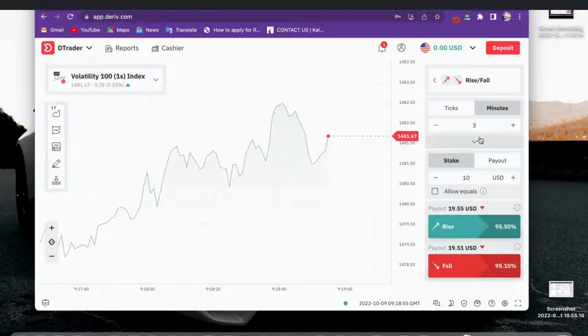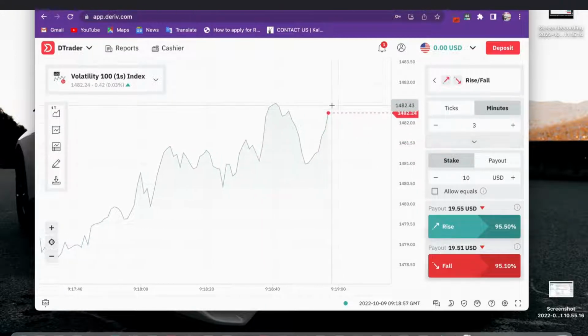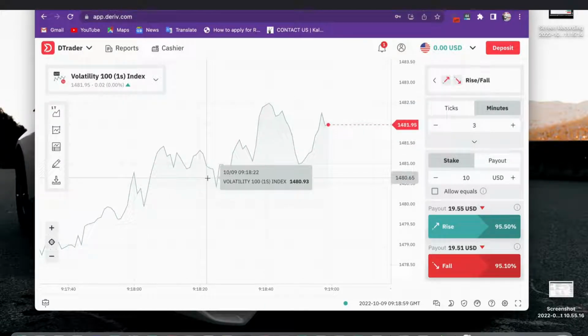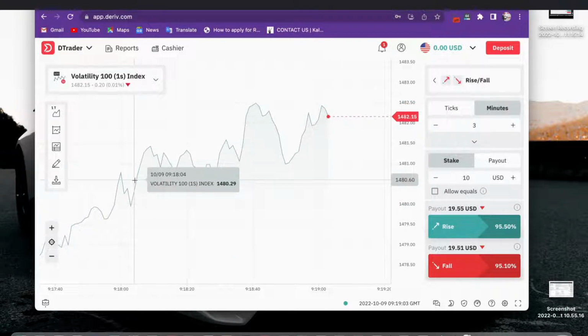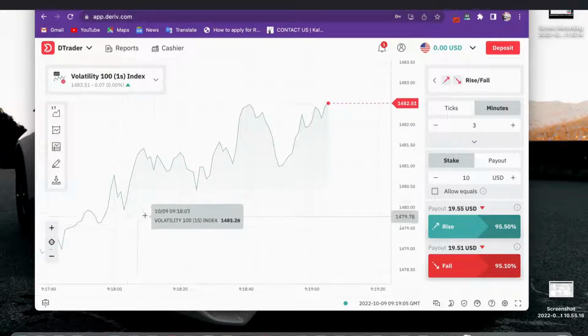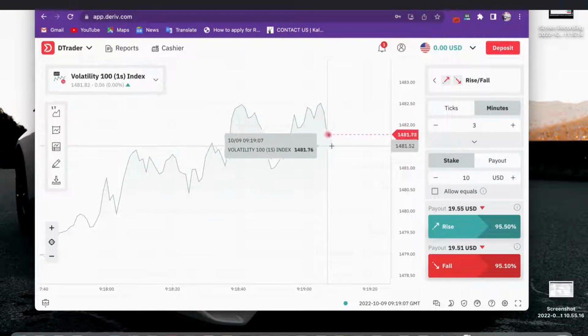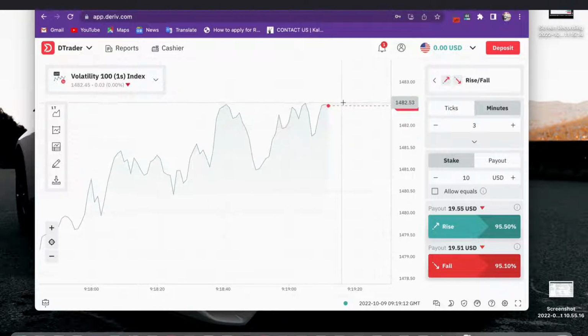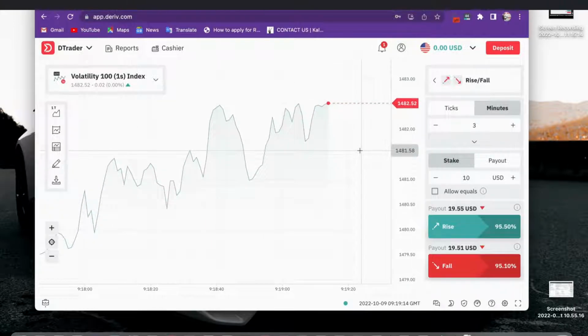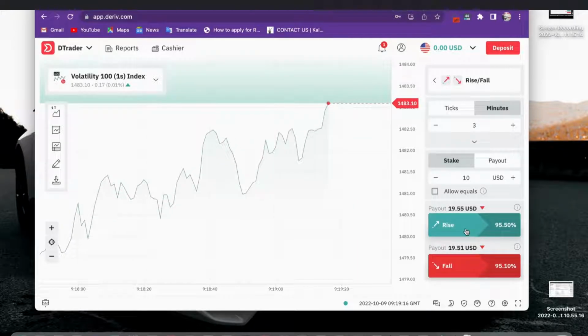So this is what you can do when you come here and find a line like this. Basically, if you make your analysis and check, okay, this has been going up and up and up, and you are predicting that in the next 3 minutes it will be even higher than here, then the simple thing you do is come here and say rise.